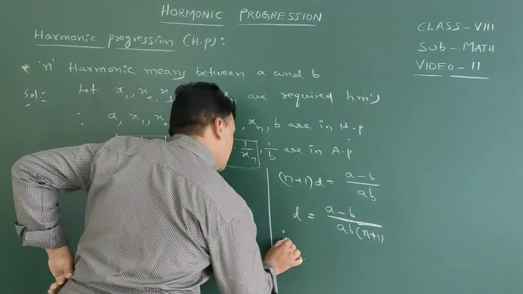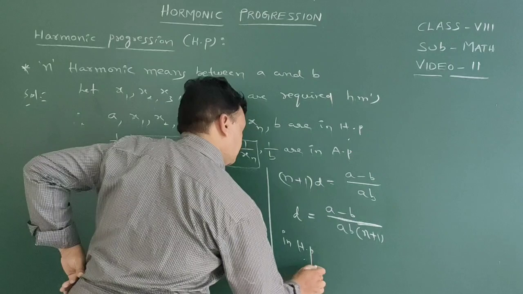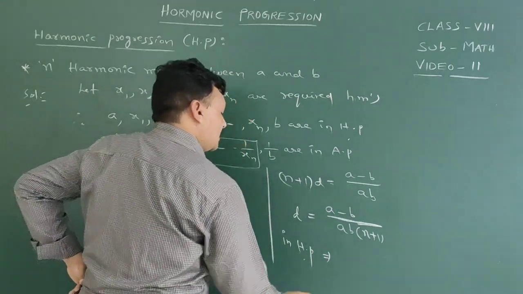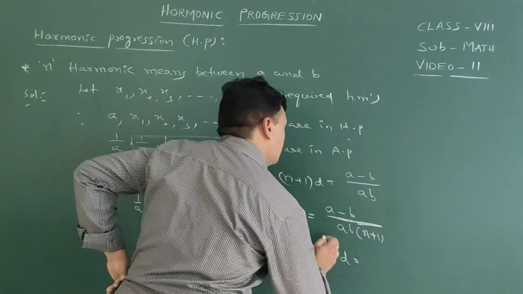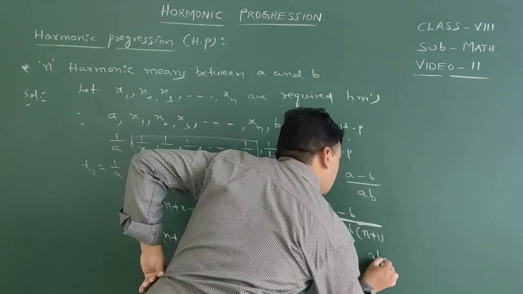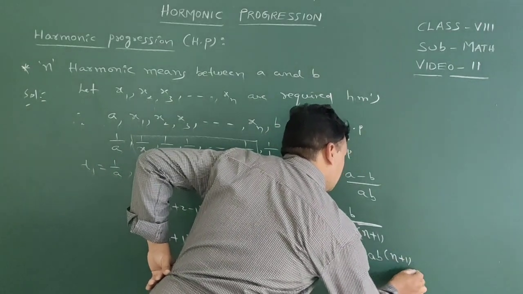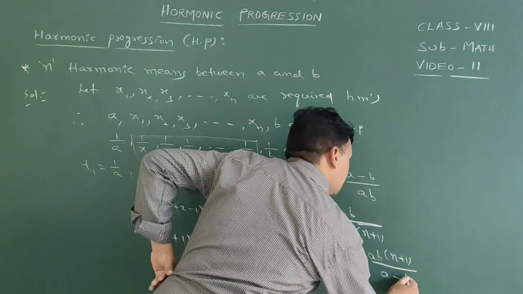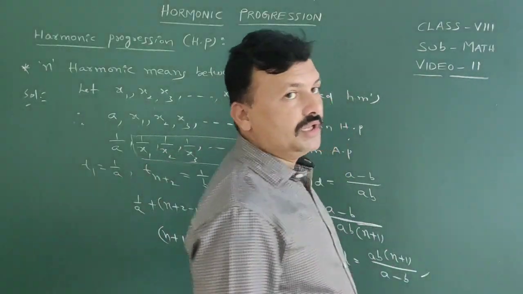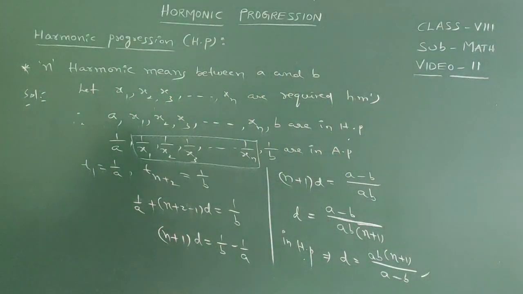Now in the HP, d equals AB into n plus 1 by A minus B. AB into n plus 1 by A minus B is its d in the HP.